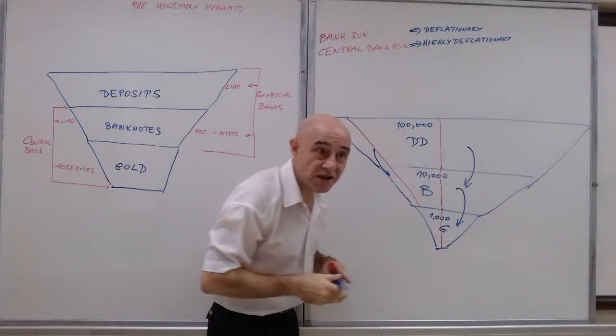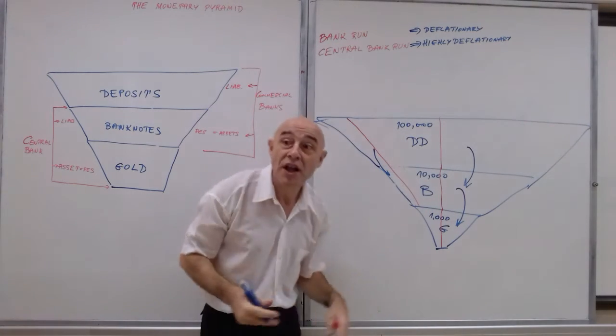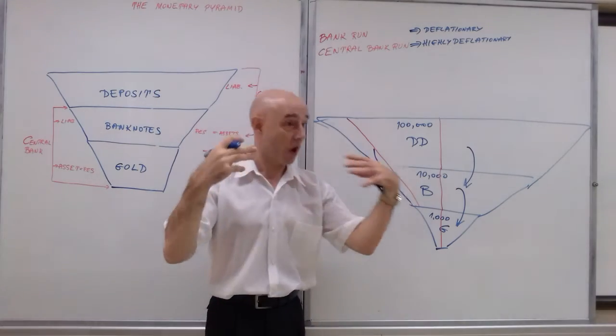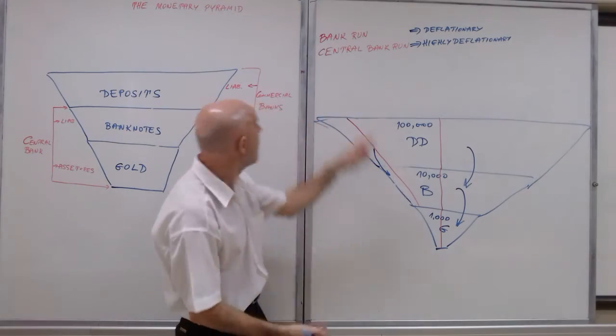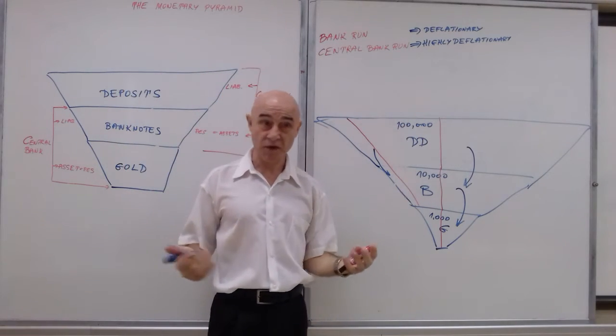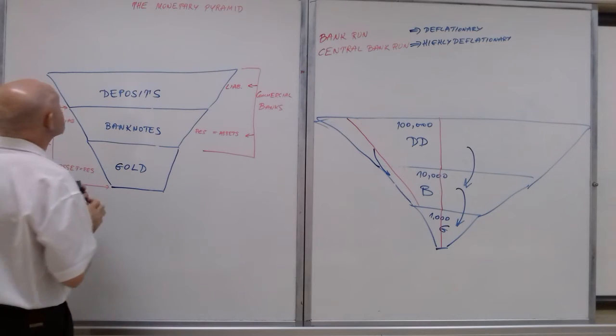When the central bank run is successful, it results in the collapse of the central bank and the collapse of the whole commercial banking system. We call this the monetary system. Okay, let's write it out.